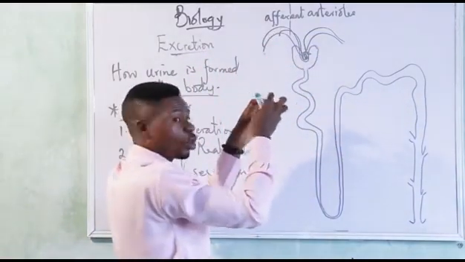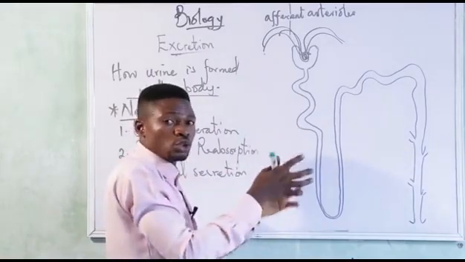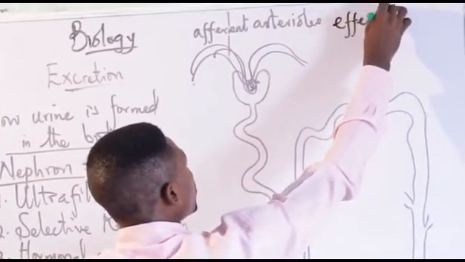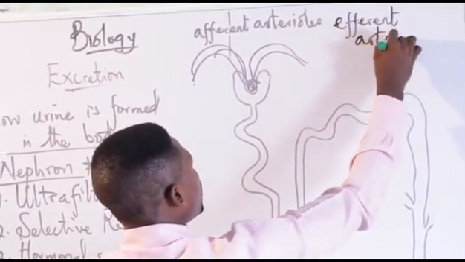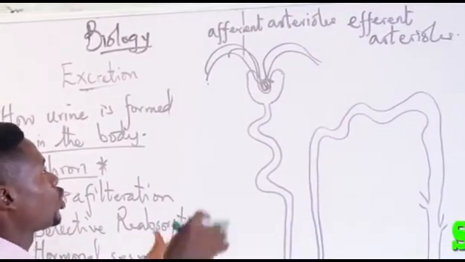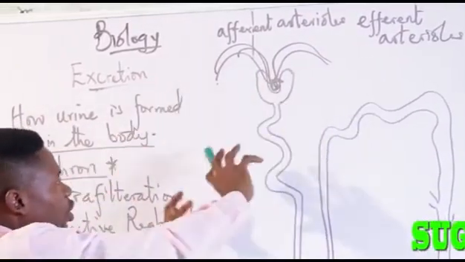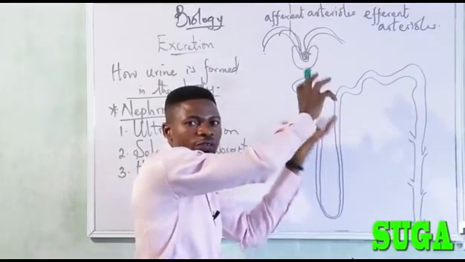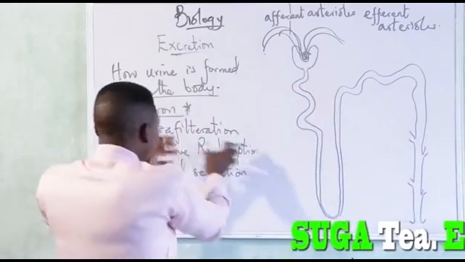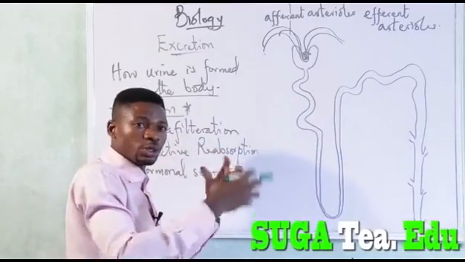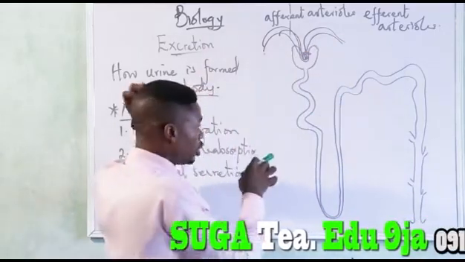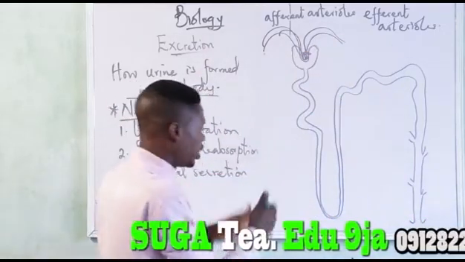This network of capillaries now forms together into what we refer to as the efferent arterioles. Do not confuse one with the other. These efferent arterioles build a kind of network around the nephron. This network built around the nephron is where the reabsorptions and absorptions take place in the kidney.